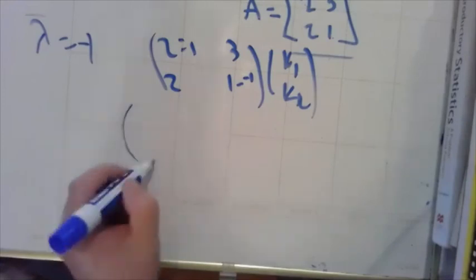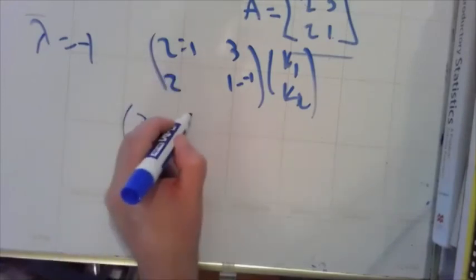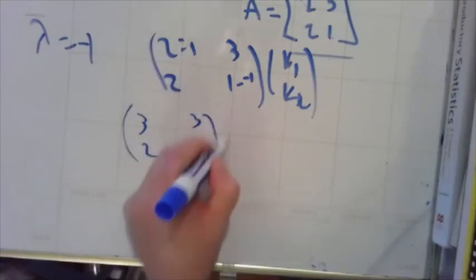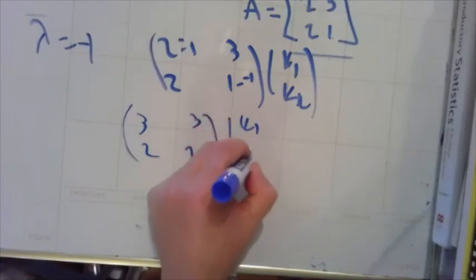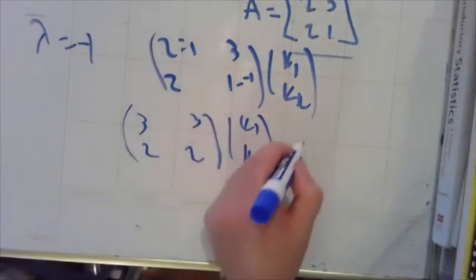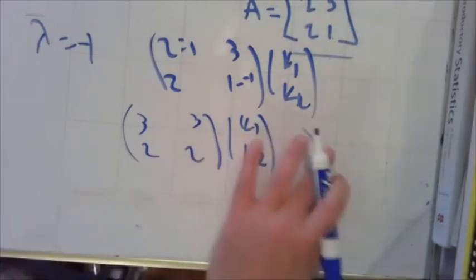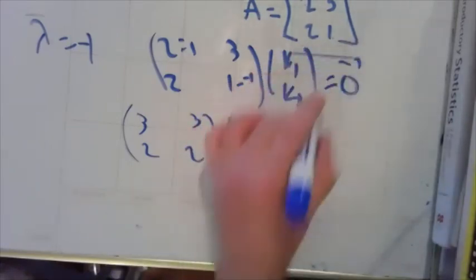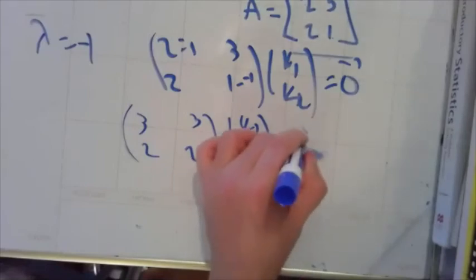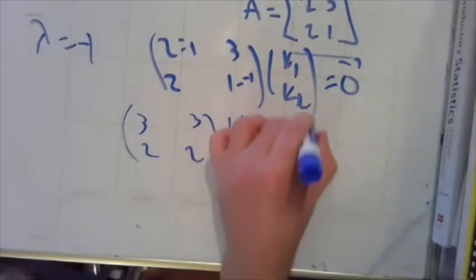Okay, this will be what? (3, 3; 2, 2) times (K1, K2). So just multiply through, I'll get, this is supposed to equal 0, the 0 vector. So that's (0, 0).